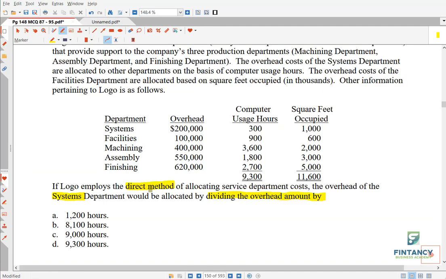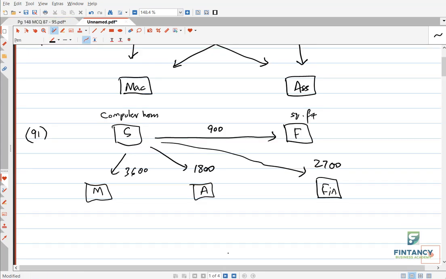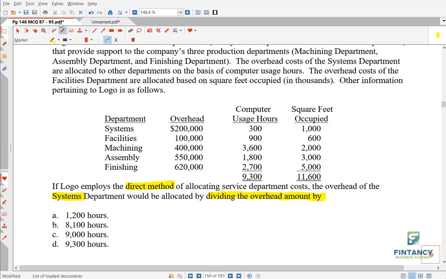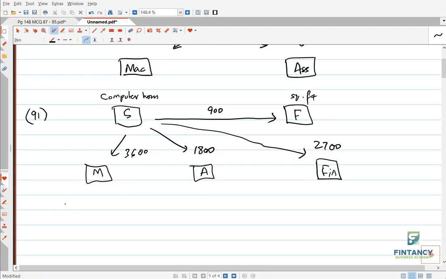So my friends, what is the question? If we are using direct method, the overhead of the service department when we allocate, what is the denominator we will use? If I want to allocate something to machining, and the overhead of systems is, for example, 200,000, I will say 200,000 multiplied by 3600, of course, because this is the service I am giving them, divided by what?